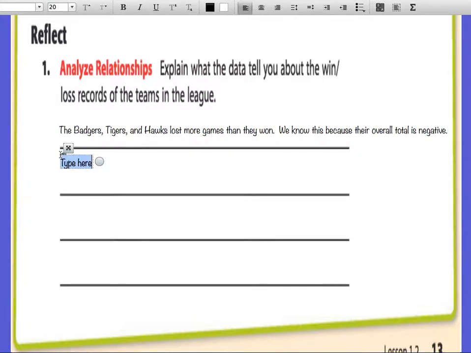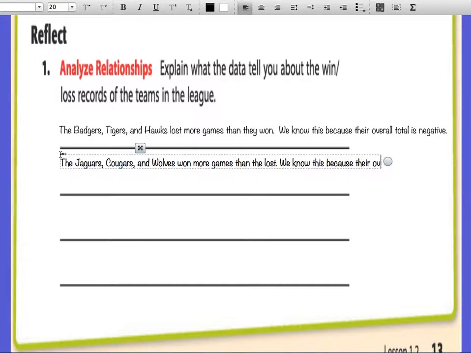And then we know the Jaguars, Cougars, and Wolves won more games than they lost. We know this because their overall total is positive.